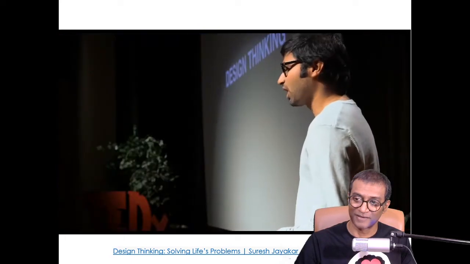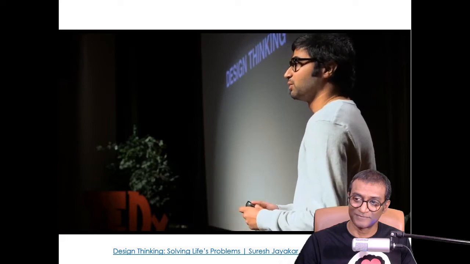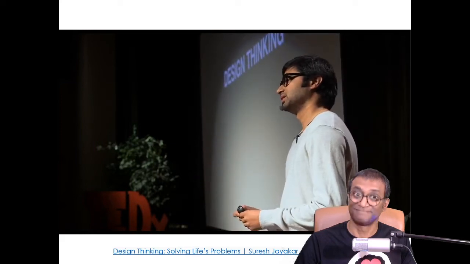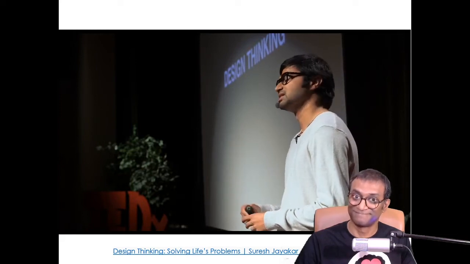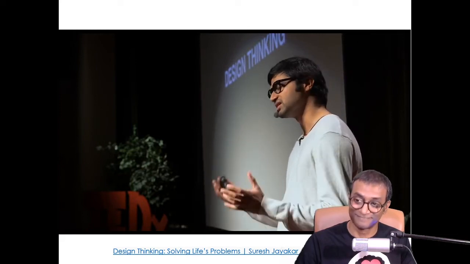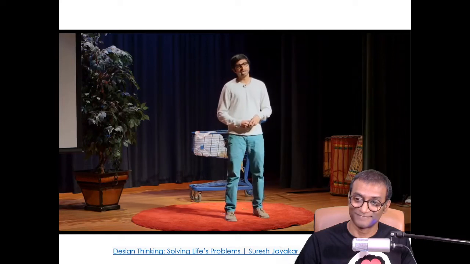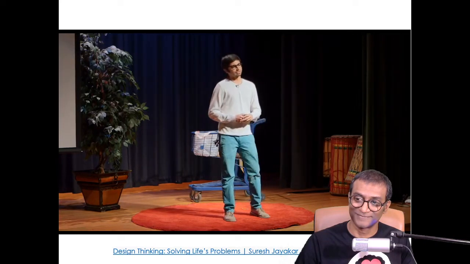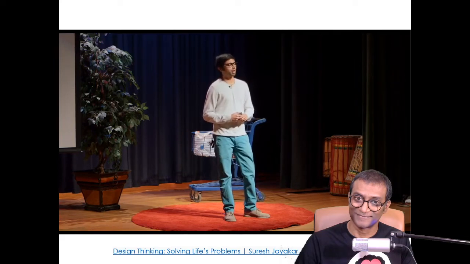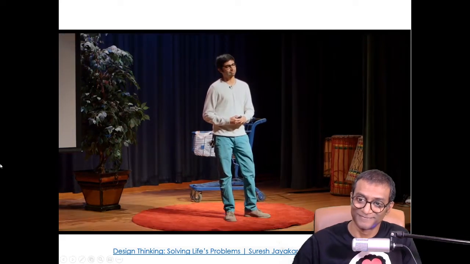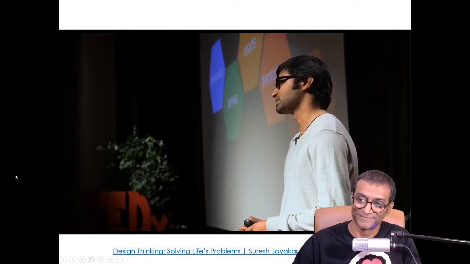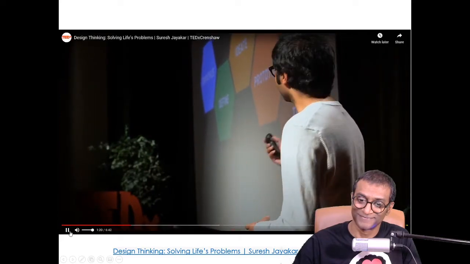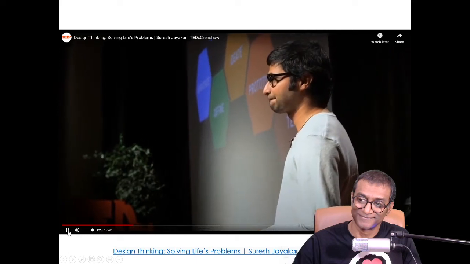We often look at problems through a microscope. What design thinking does is look at it through a telescope, to look at the big picture, to see how things work from a holistic perspective. And we do that by talking to our users, by empathizing with them, understanding their problems, defining those problems, and then creating solutions that we can then test and validate.